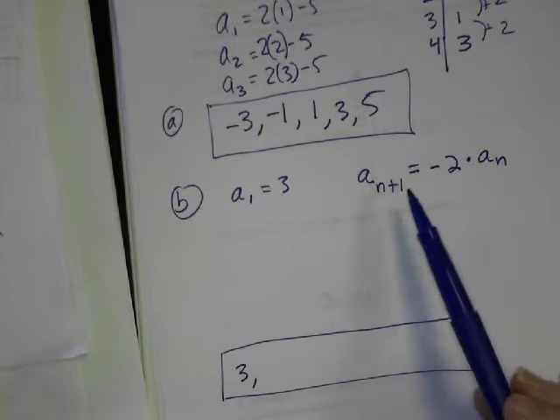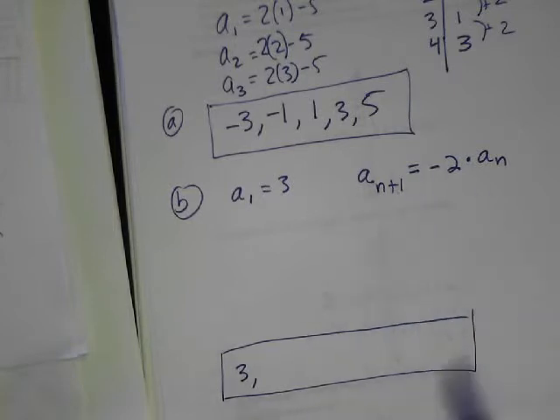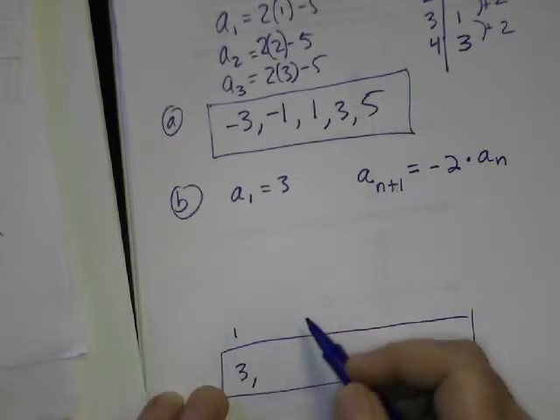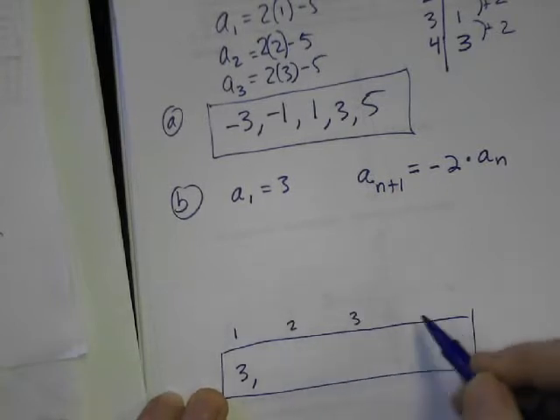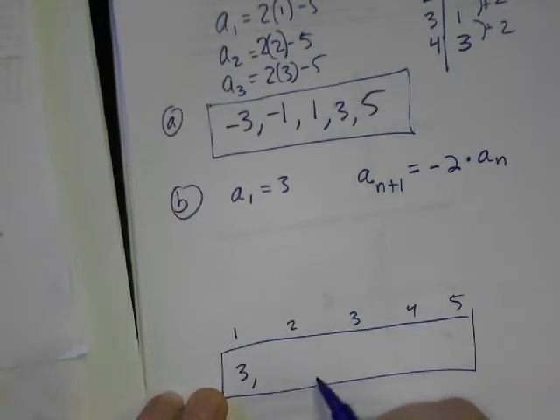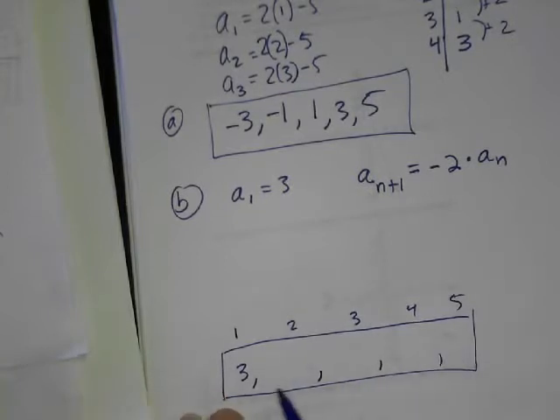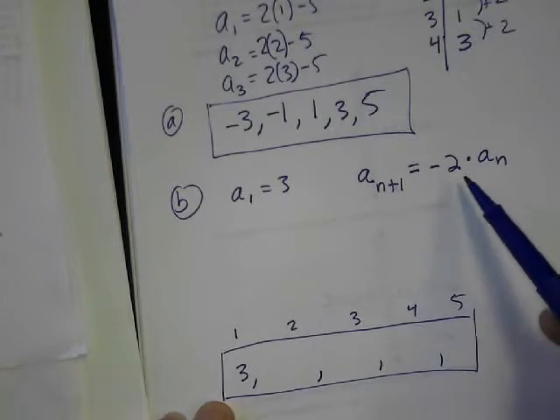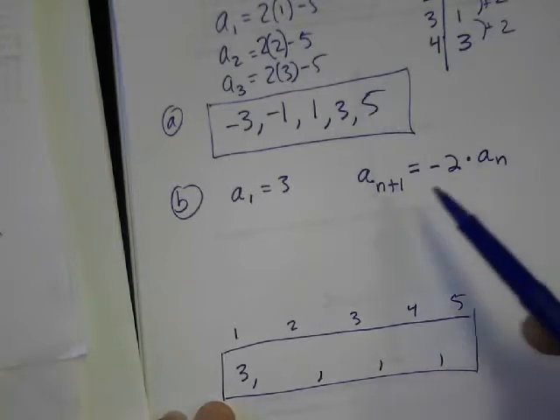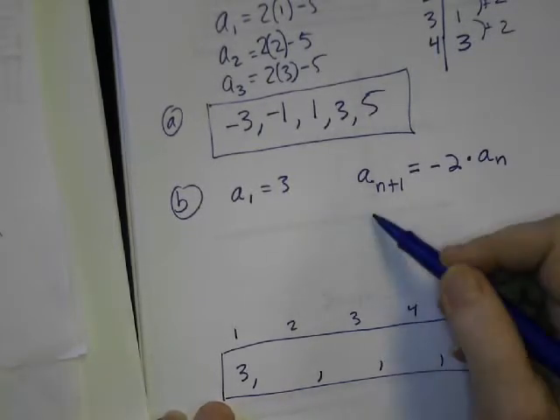So what am I talking about? This is the first term, and then we'll have the 2nd term, 3rd, 4th, 5th. We're going to put our little answers in here, right?